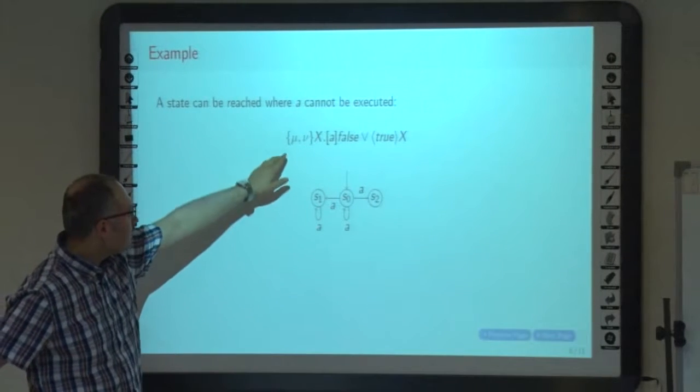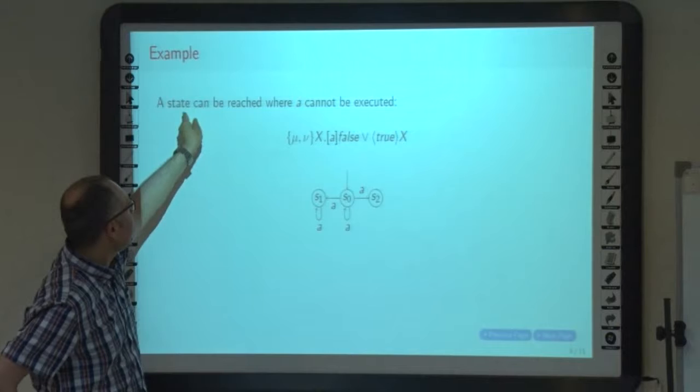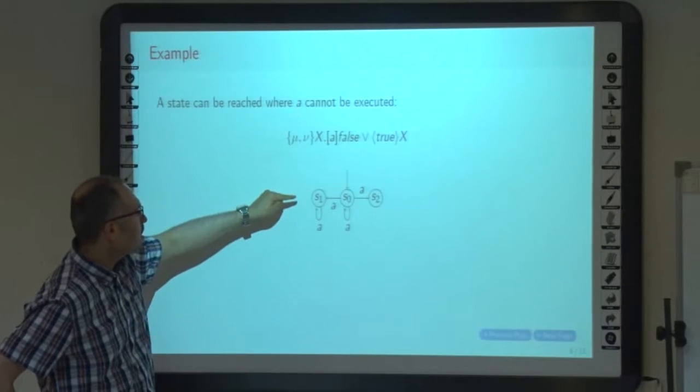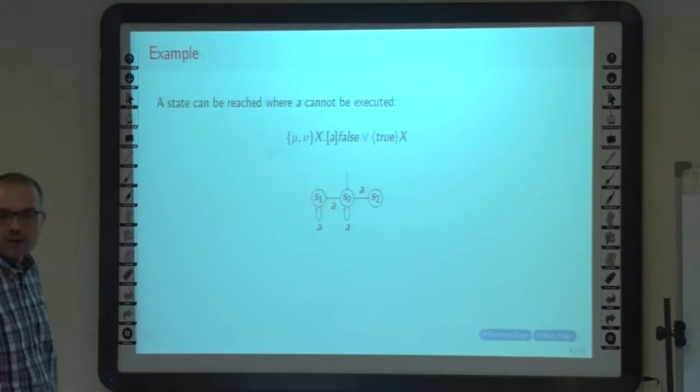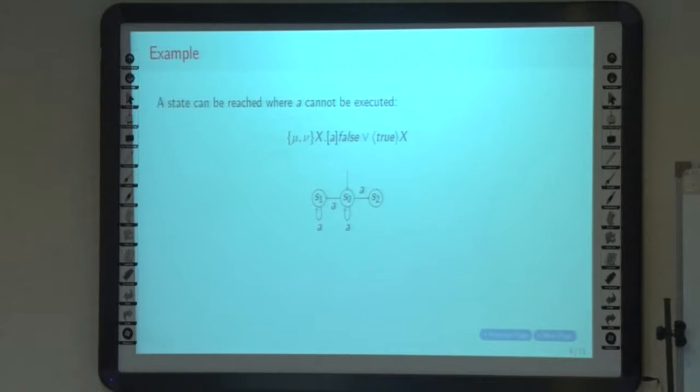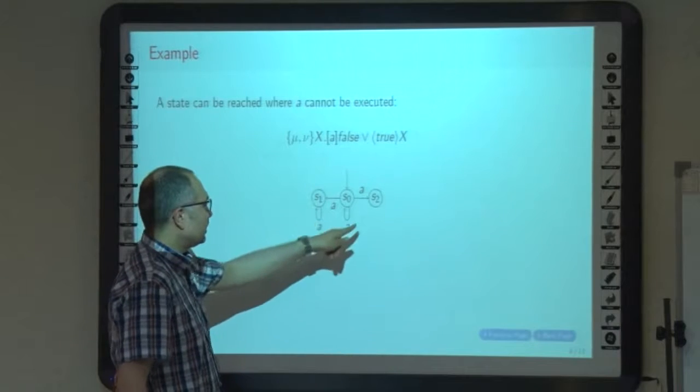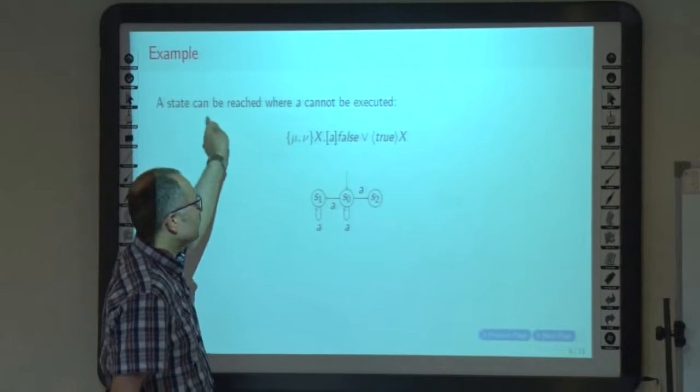Okay. So is this intuitive formula, a state can be reached where A cannot be executed, satisfied on this or not? Let me rephrase my question. Which states in this transition system should satisfy this intuitive formula?